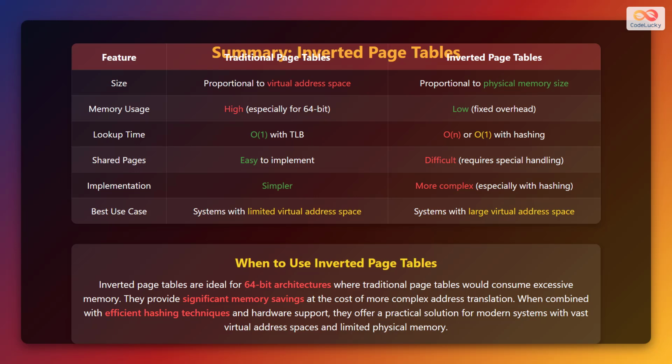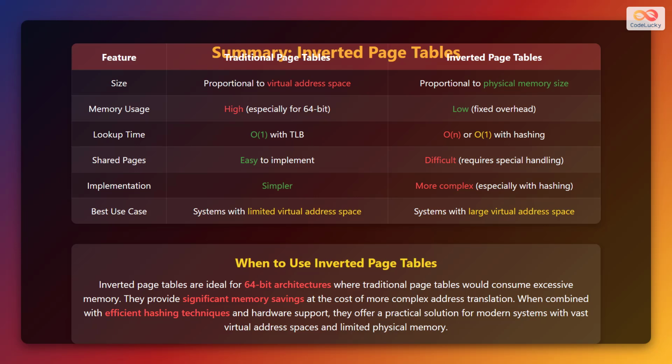To summarize, let's compare traditional page tables and inverted page tables. The size of traditional page tables is proportional to the virtual address space, while the size of inverted page tables is proportional to the physical memory size. Memory usage is high for traditional page tables, especially for 64-bit systems, but low for inverted page tables due to a fixed overhead.